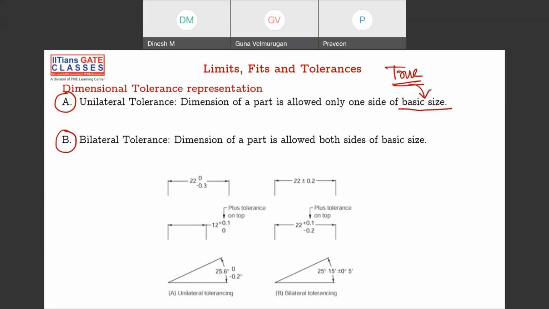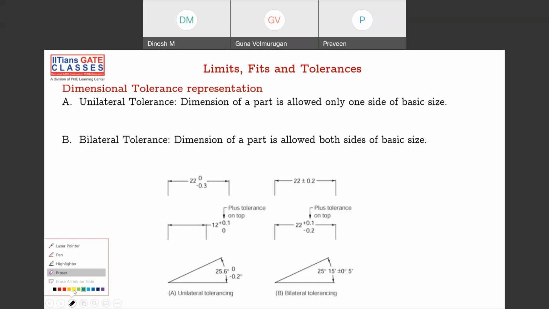Now, if you see the left hand side, 22 is the basic size, but the tolerance is given on the lower side.